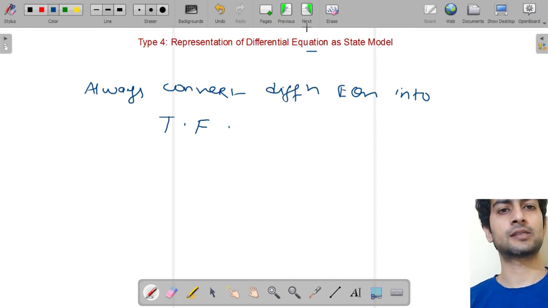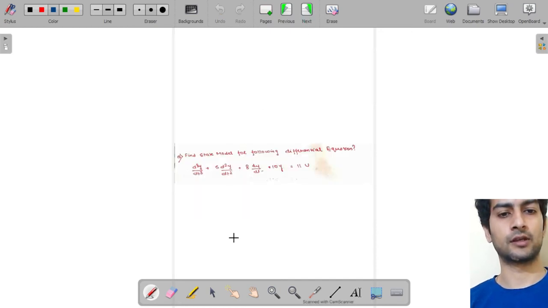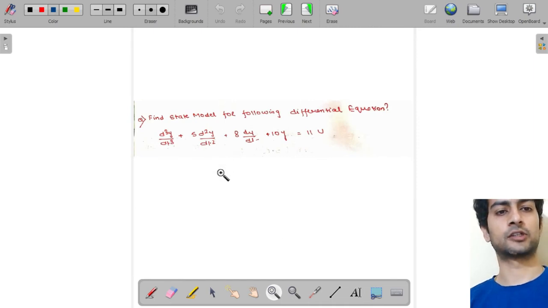So let's take some example, then it will be clear for you. Suppose we have this question: find a state model for the following differential equation. So find its transfer function. For finding its transfer function, we have to convert it into the S domain by taking the Laplace transform, that I think you know after completing the signals and systems classes.